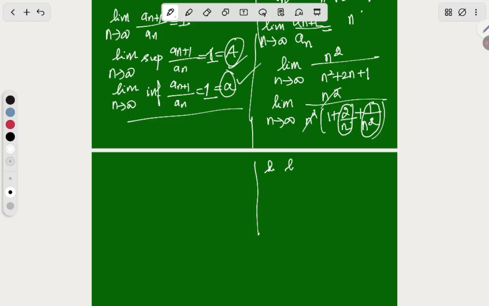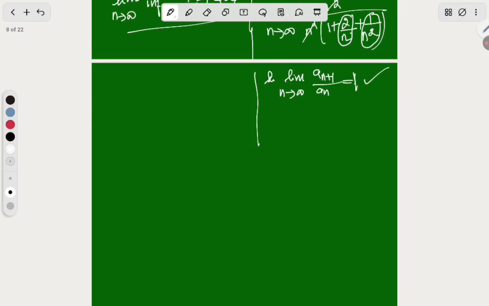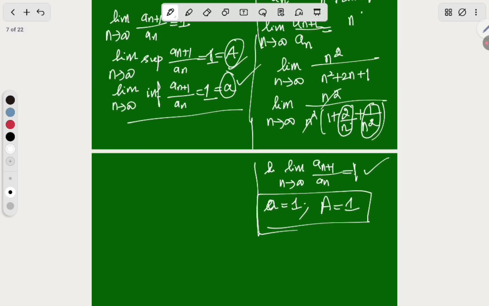So here the limit of the sequence an plus 1 by an equals 1, which means since the limit is equal to 1, limit supremum, that is small a, equals 1 as well as capital A also equals 1. So look at here, we are having two different cases, right?